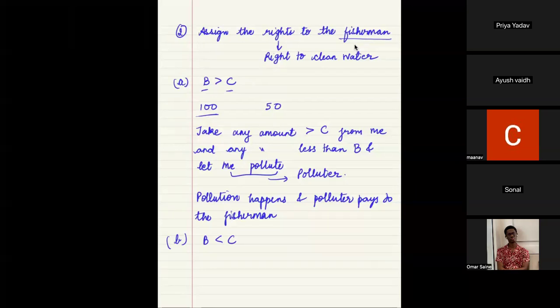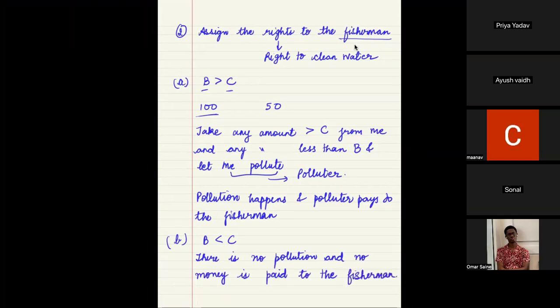So in this case, there is no pollution and no money is paid to the fisherman.